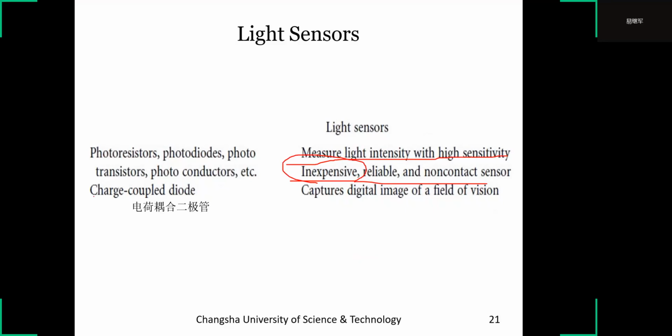Charge coupled device captures a digital image of the field of view. We call it the CCD sensor, and we use it in the digital camera.